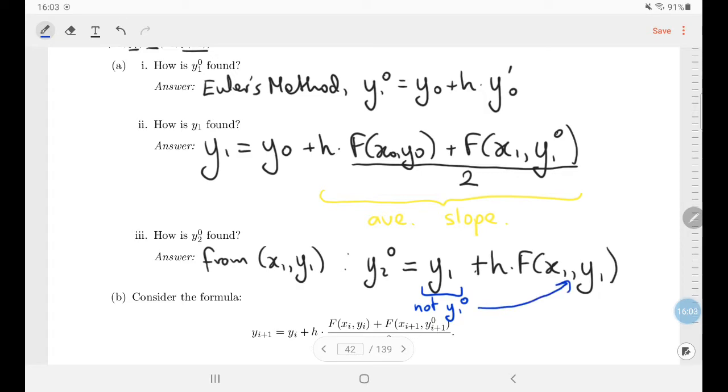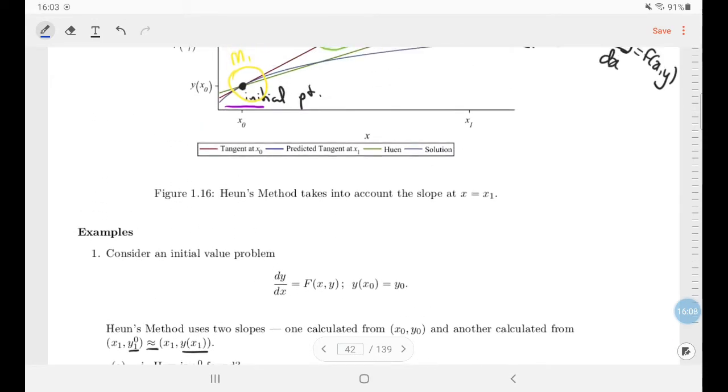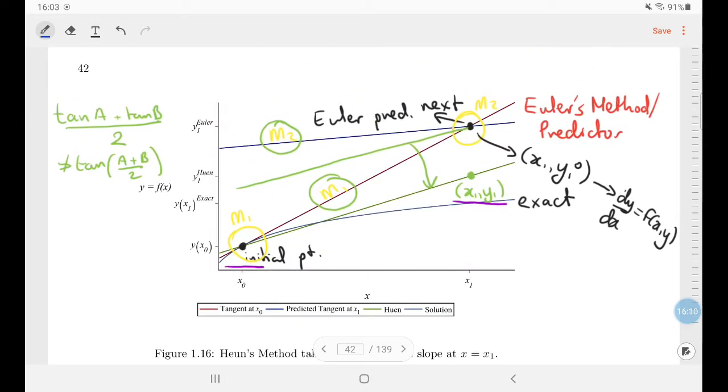Okay, so why am I making this big deal? Go back up to the top here. You've done one iteration and you're at x1 and you want to go to the next point. The Euler predictor, this red thing here, only helped us find this. This is now where we are.